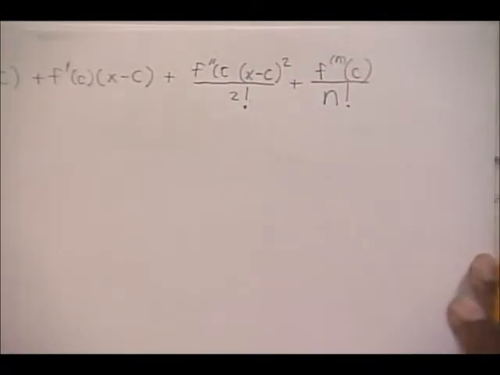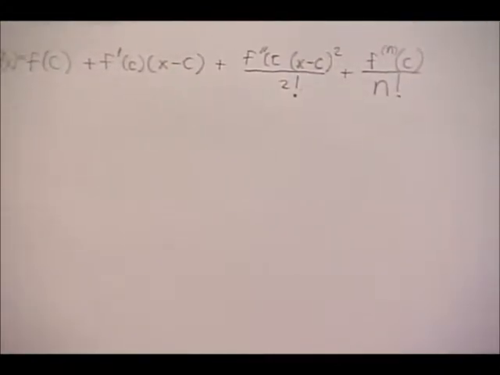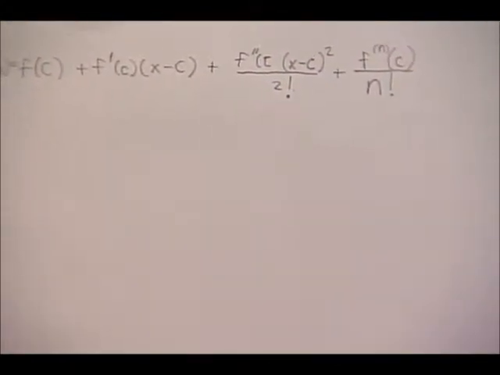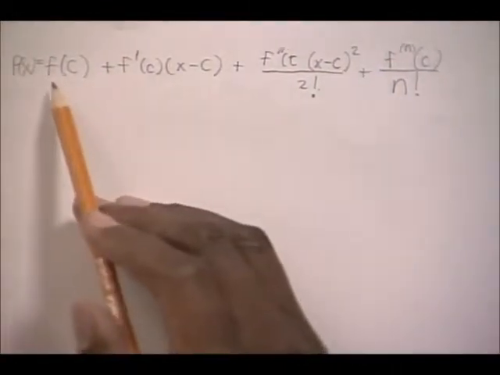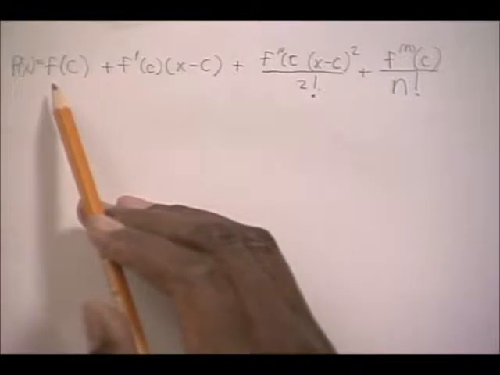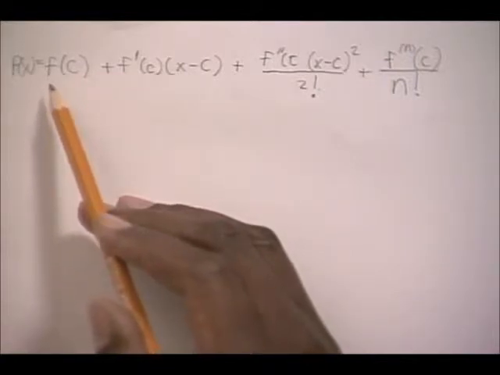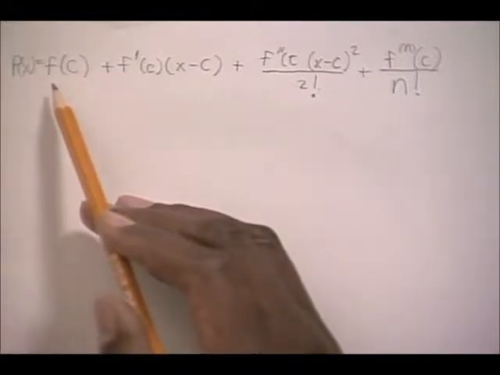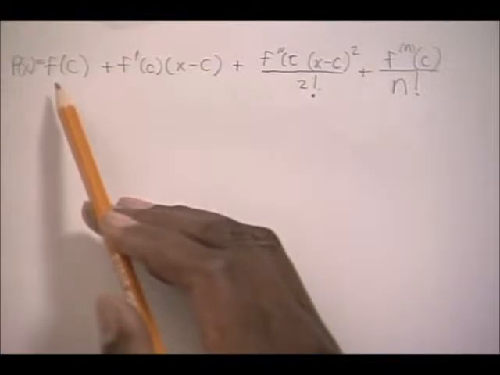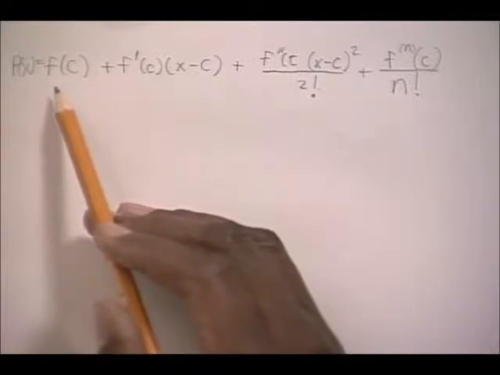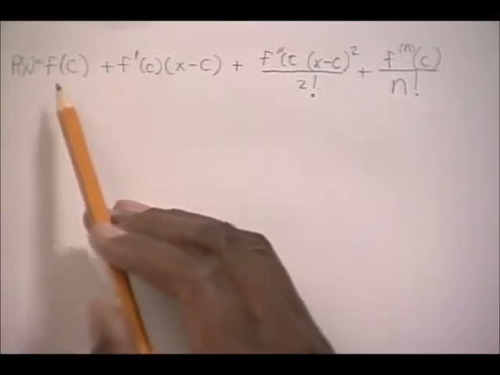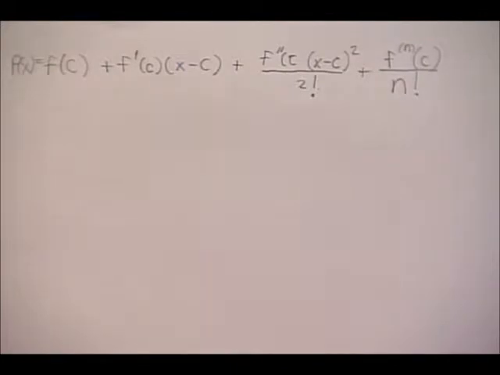What I have is this definition here, and basically the idea of this topic is that it rewrites what are common functions. It takes a common function and rewrites it in the form of what we'll call a power series.